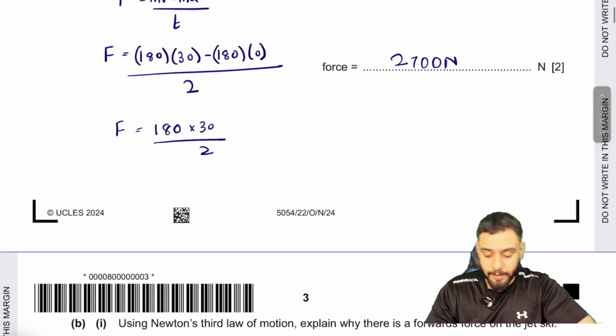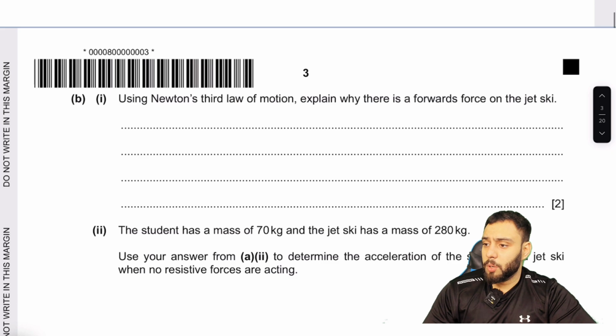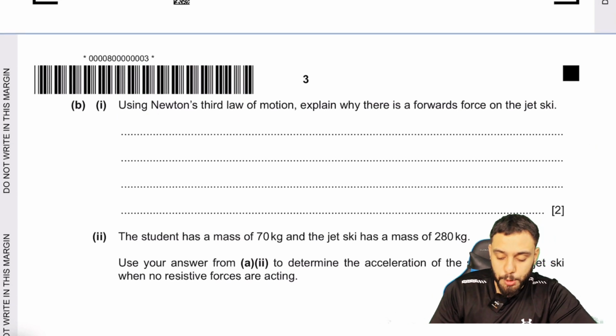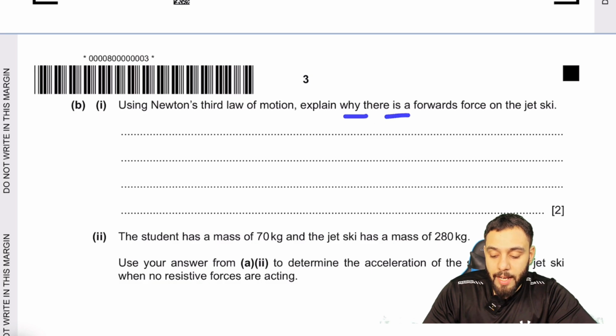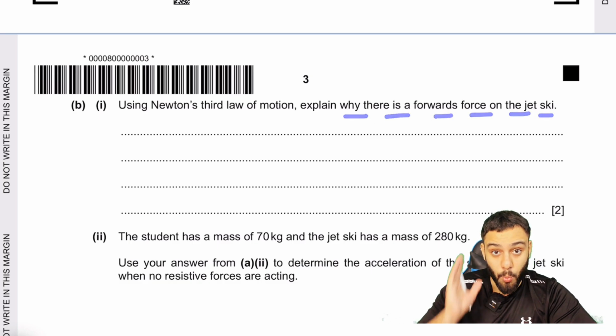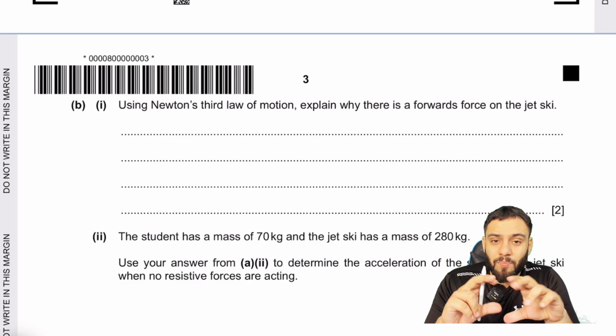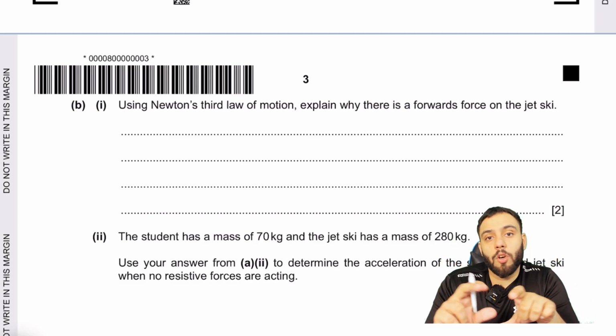Okay, moving on to the next part. For this question, they're saying that using Newton's third law of motion, explain why there is a forward force on the jet ski. Why is there a forward force? Newton's third law states that every action force has an equal and opposite reaction force.